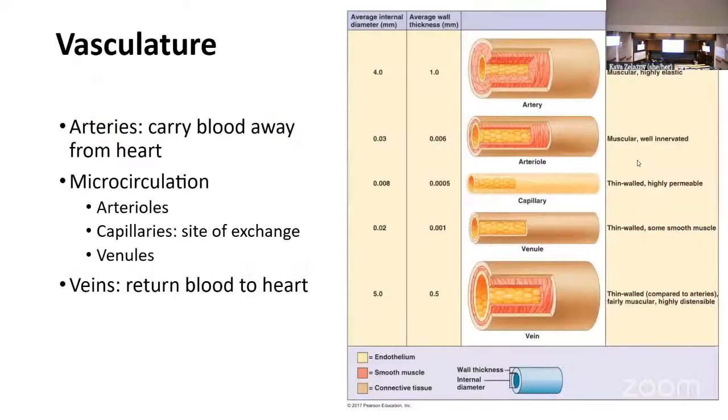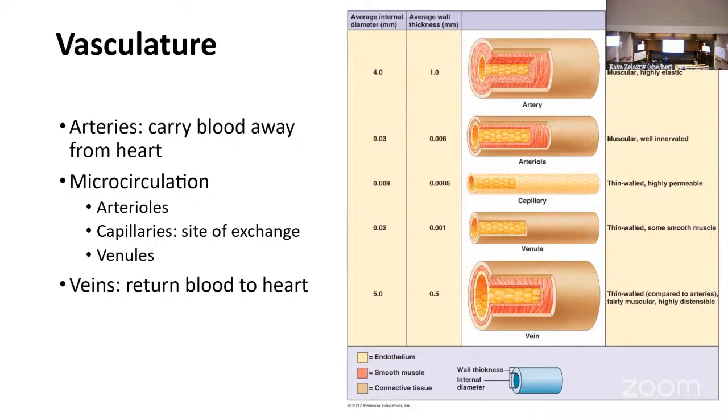We're going to be thinking about 5 different types of blood vessels. We're thinking about arteries first, with that big A: big arteries carrying blood away from the heart.